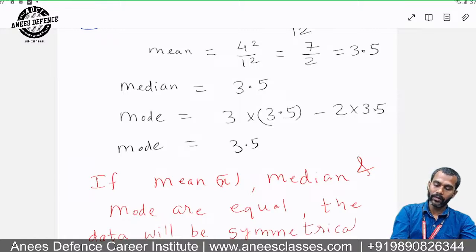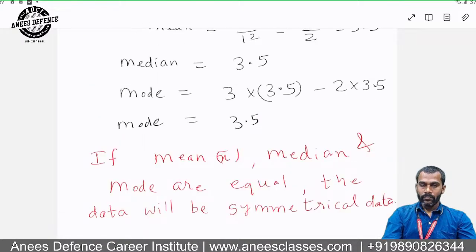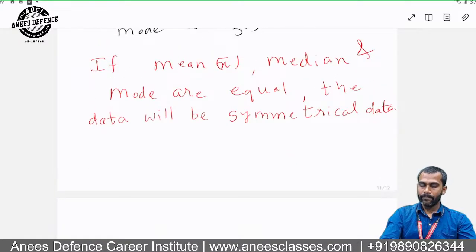Symmetrical data. This is one note. Understood? Is there any doubt? Okay.